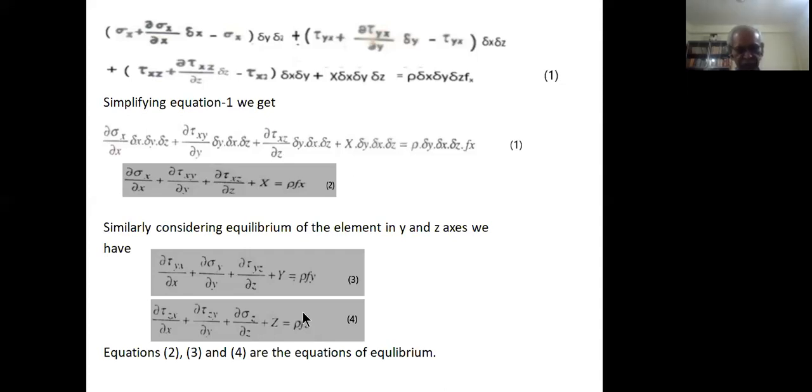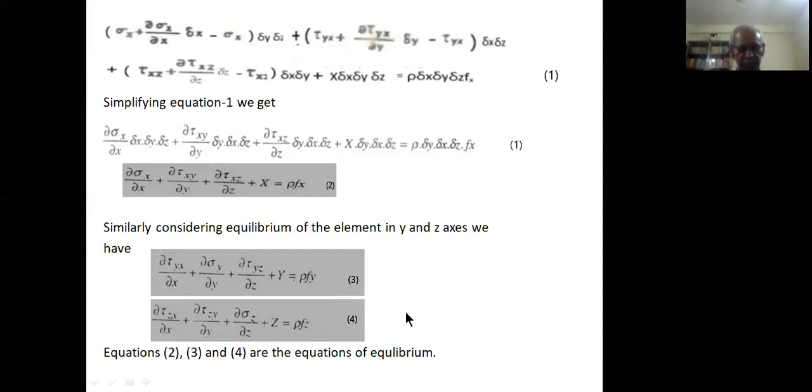So all we have done is derive this with respect to x, y, and z in three different columns. So it is del tau yx by del x plus del sigma y by del y plus del tau yz by del z plus Y is equal to rho fy.